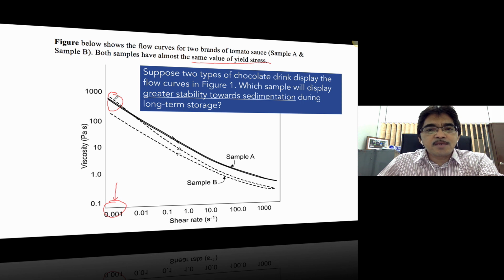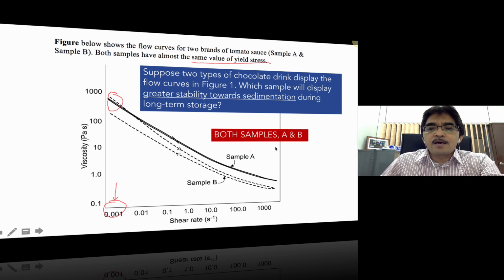Because they have the same value of yield stress, we can say that both sample A and B will show more or less the same stability towards sedimentation. It's not A, it's not B, but both, because they have the same value of yield stress.